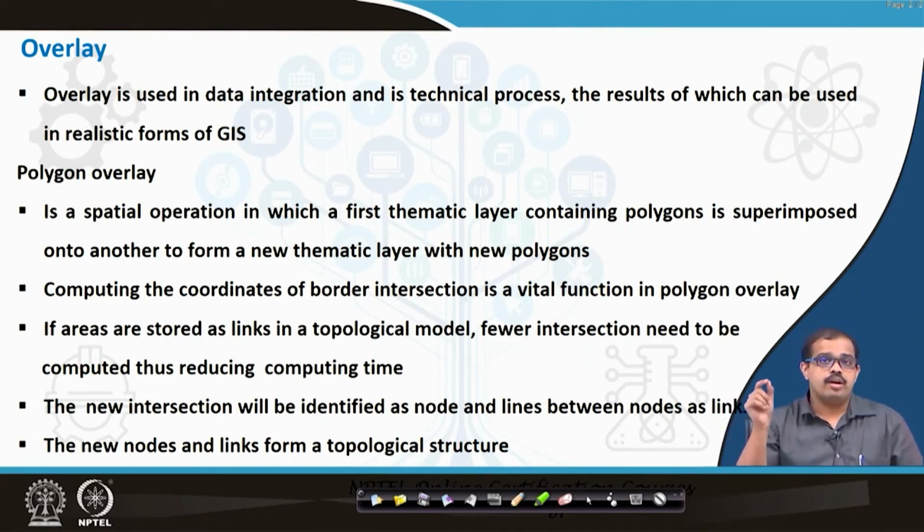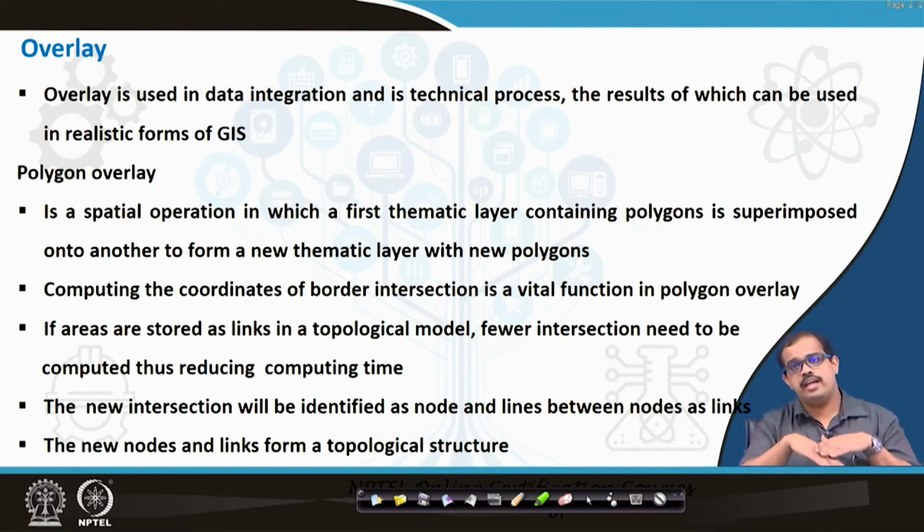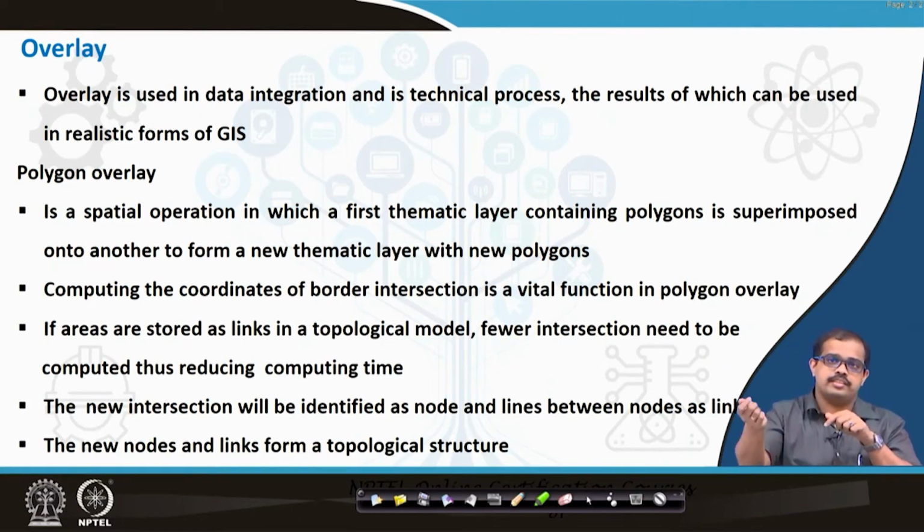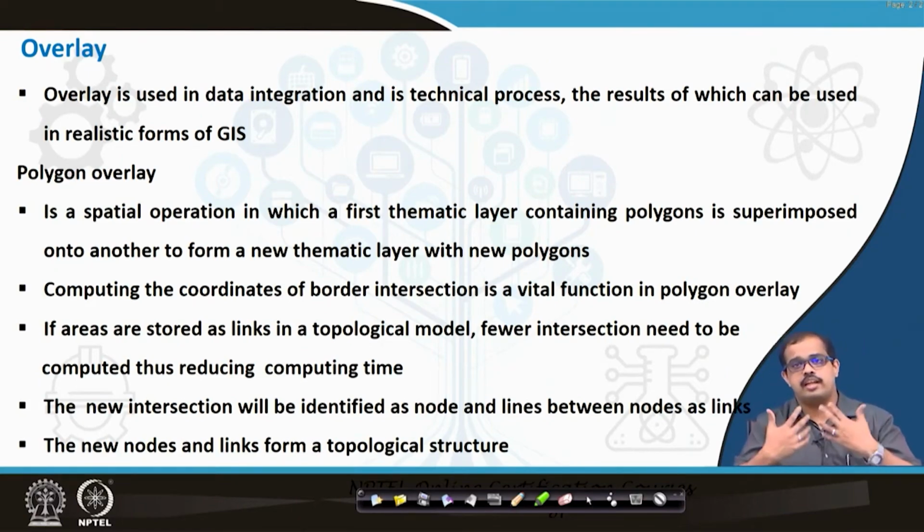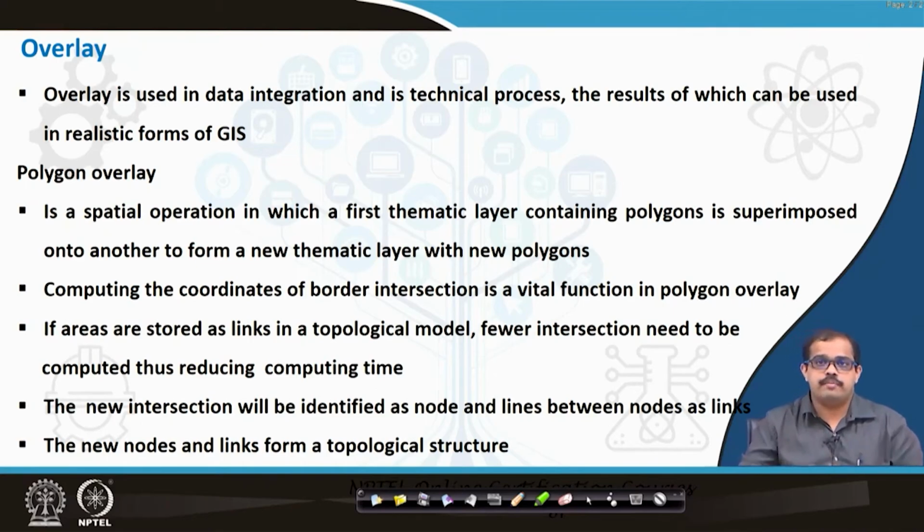Now I can look at computing the coordinates of boundary intersections for the polygon overlay. If, let us say, I have a vector layer beneath it, which is a drainage network, I can find out which drains were compromised to build that particular building, because of which urban flooding is happening in a particular city.